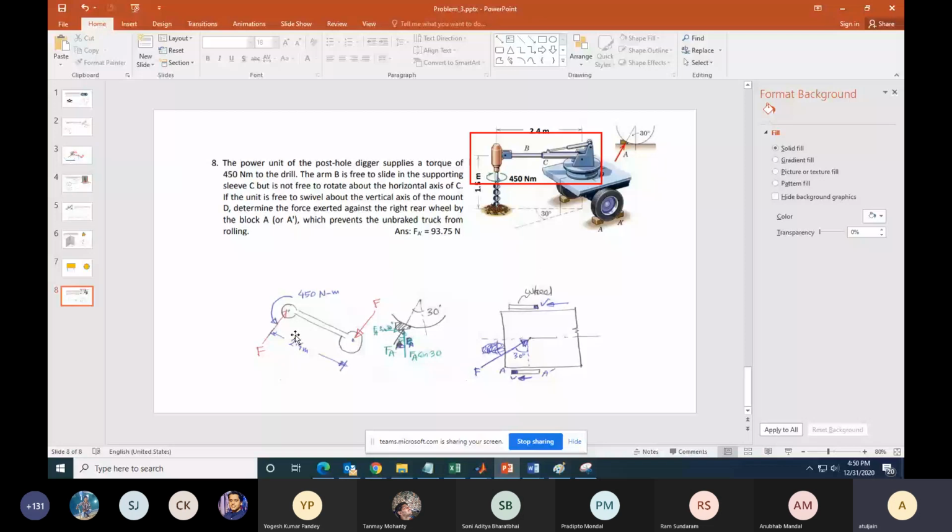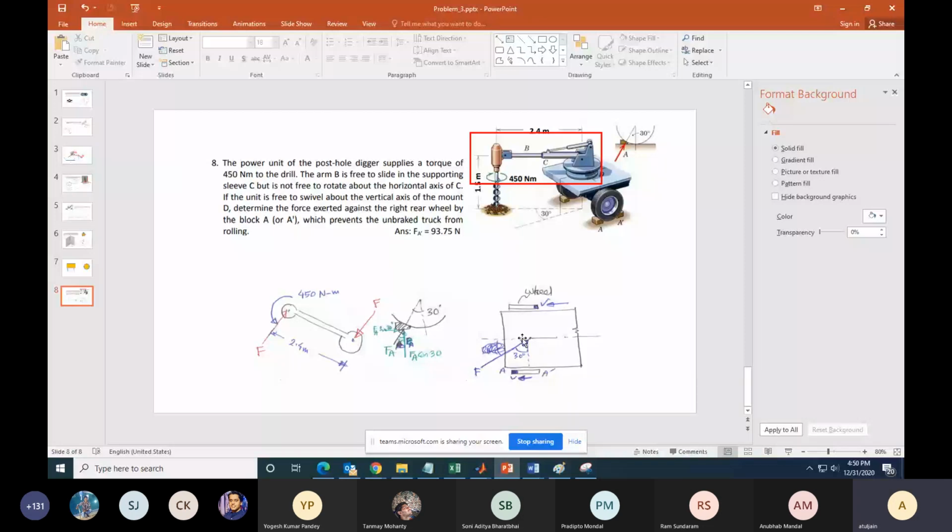There is a 450 Newton meter torque that you are applying, and due to that torque there is a reaction F and F at the two ends, which is like a counter couple. We have to find out the value of this counter couple, then look at the free body diagram of the rest of the structure, where there is a F, and at the wheel there are two reactions.